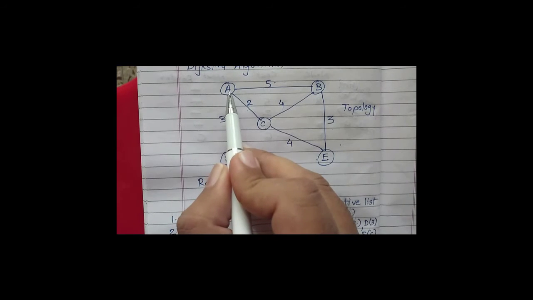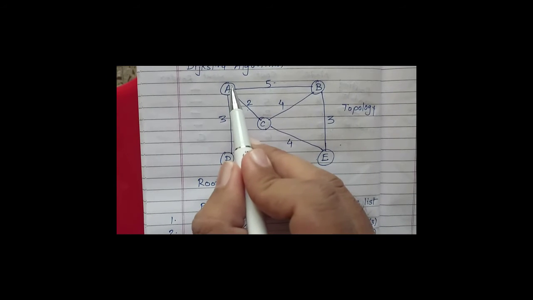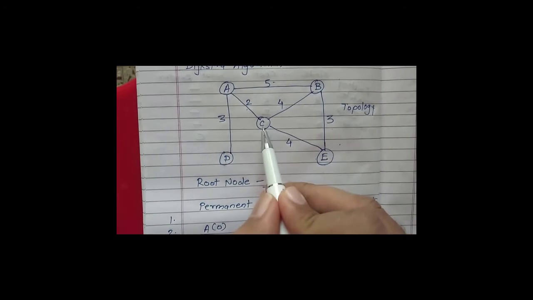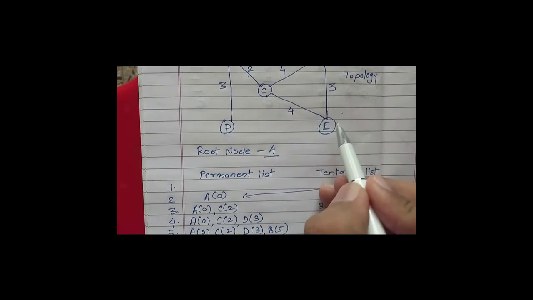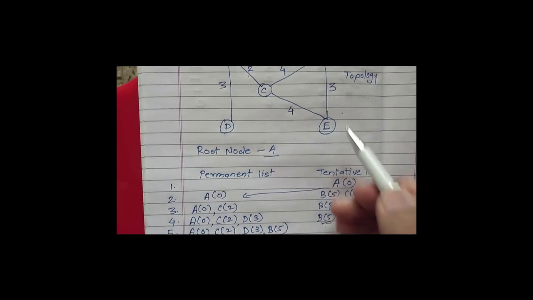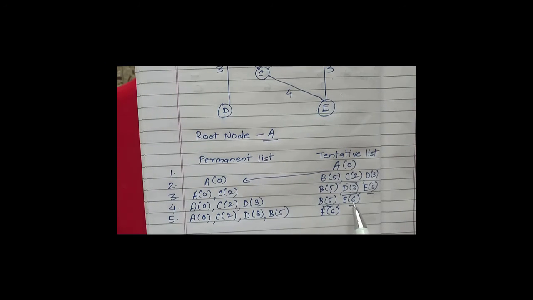That is A, which is already processed in the permanent list, and C, which is also already processed in the permanent list. And what else remains is E, which is still unprocessed in the tentative list.